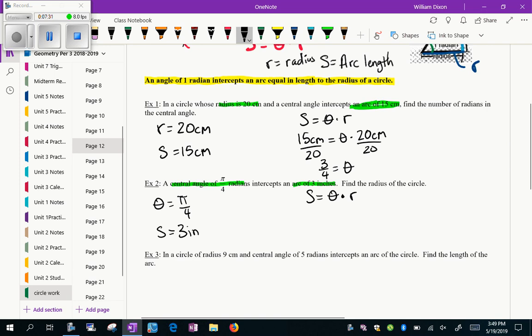I'm going to substitute in. I'm going to get 3 equals pi over 4 times the radius. Now, since I have pi over 4 multiplied by r, I want to get r by itself, and I have a fraction. I just think it's easy to multiply by the reciprocal. So I'm going to have 4 over pi on this side of the equation, then I'm going to multiply by 4 over pi on the other side.